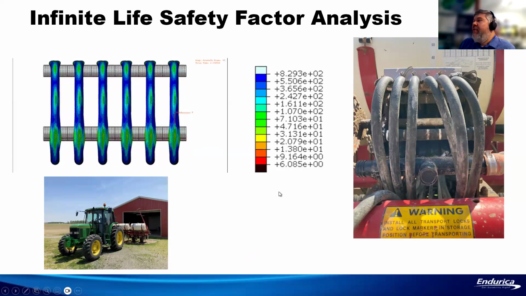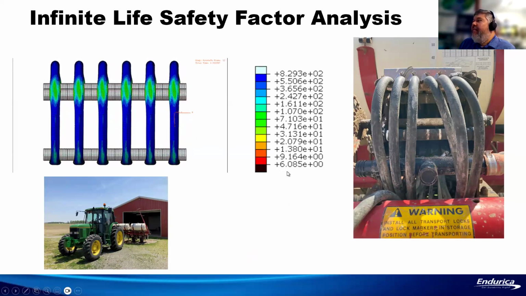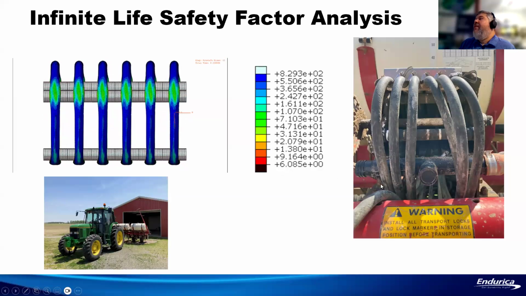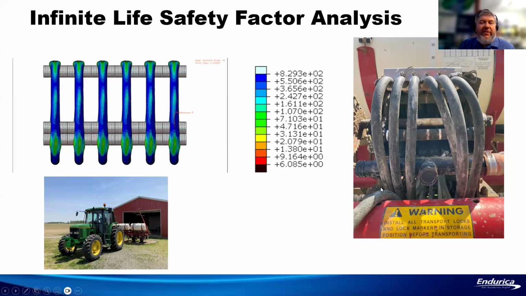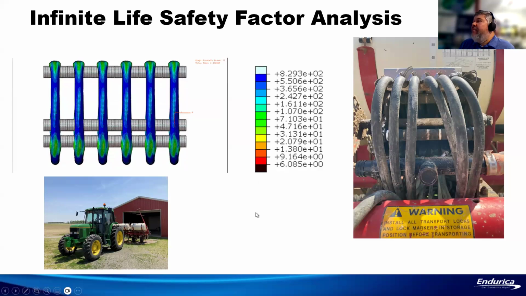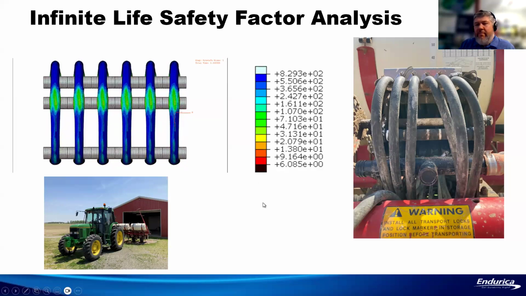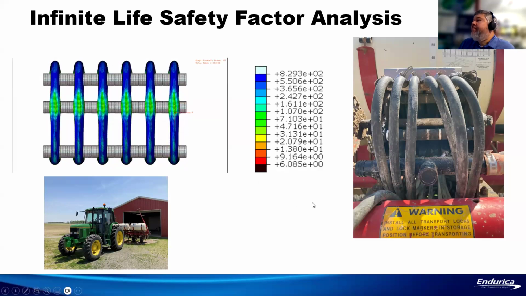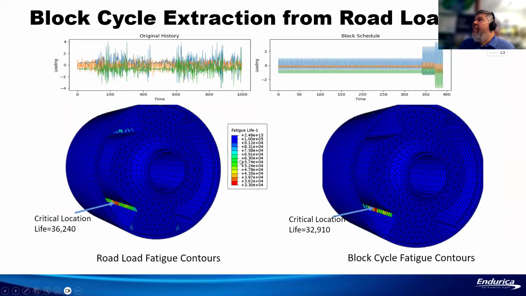When we do the analysis, we find that for the anticipated loads, there's a safety factor of 6, which means that the product's going to be adequate to give very long service life, because the loads are a factor of 6 below the fatigue limit. That's kind of on the low end of fatigue analysis.